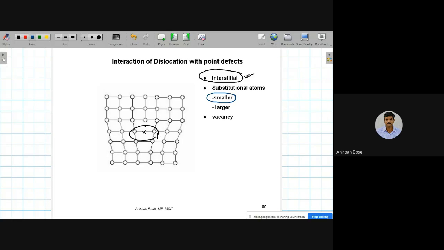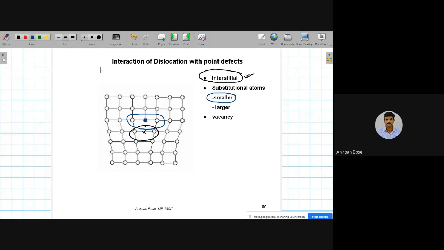In this region where the atoms are under compression, an atom may be substituted by a smaller atom. Energetically this will be favorable, because some amount of the compression will be released if smaller atoms substitute the atoms close to this region.